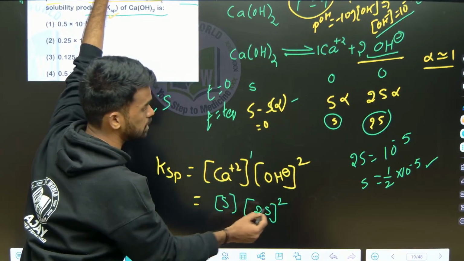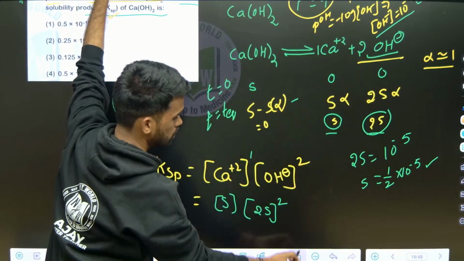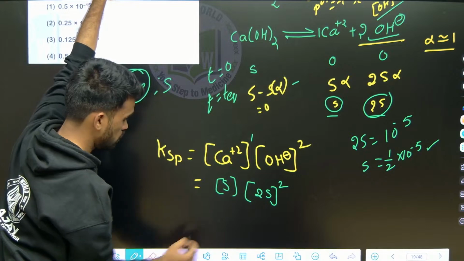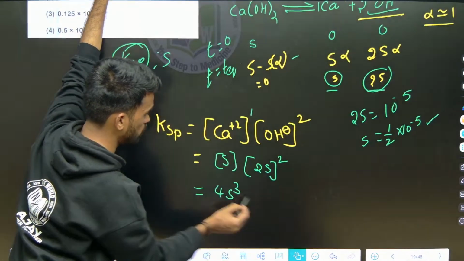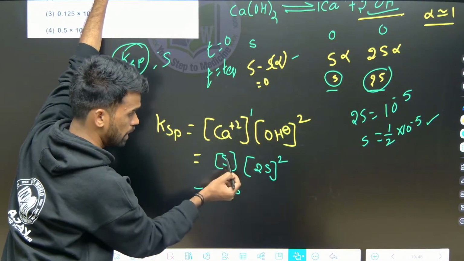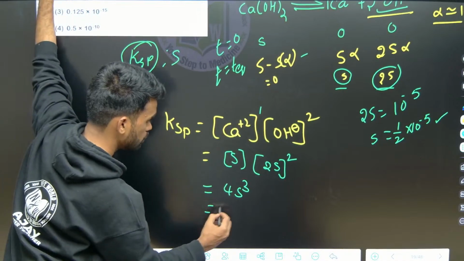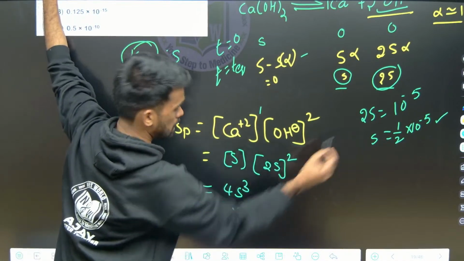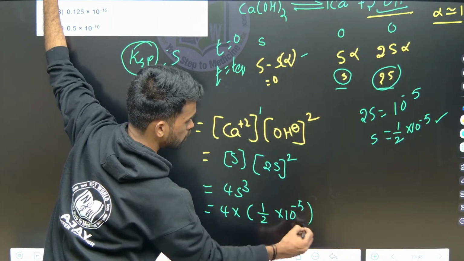Why am I writing S and 2S? Because these are the values for them. Okay. So in terms of solubility, I am writing 4S cube. 2 square is 4, S square and S, so S cube. So next here we have 4 into, what is the S value? 1 by 2 into 10 power minus 5, whole cube.